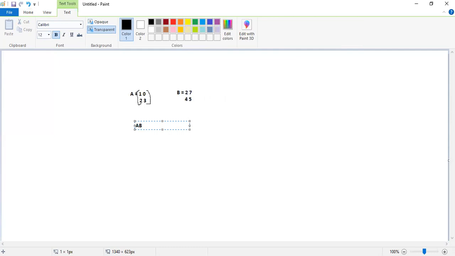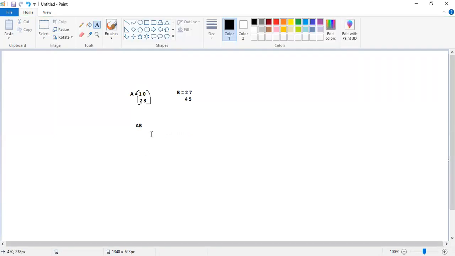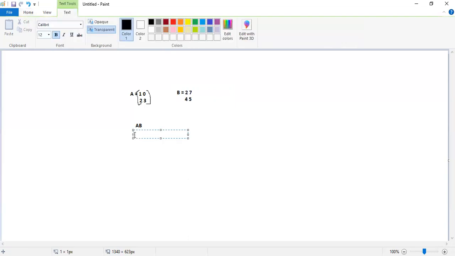That's multiply matrix A and then matrix B. The first thing you have to remind yourself is to ask how many rows and columns each matrix has. Matrix A has 2 rows and 2 columns. Then look at matrix B. It has 2 rows and 2 columns.